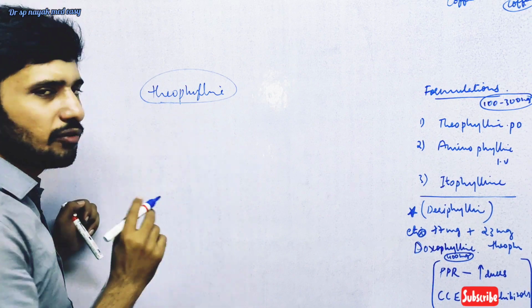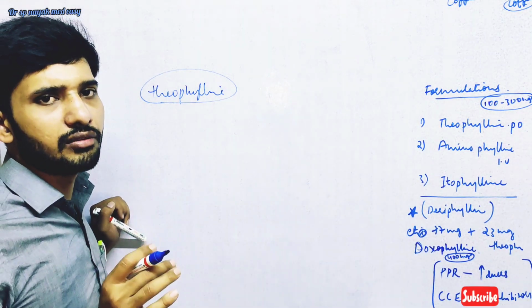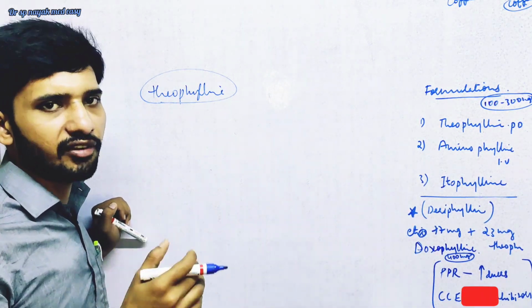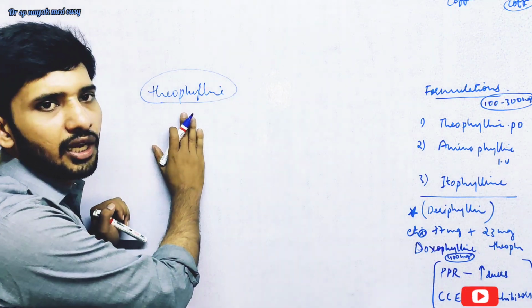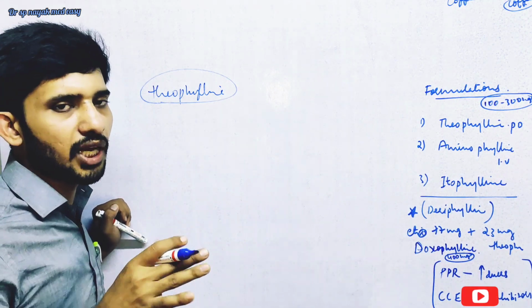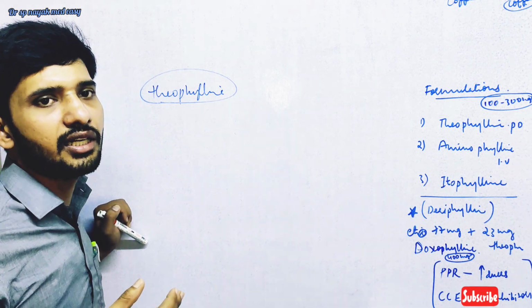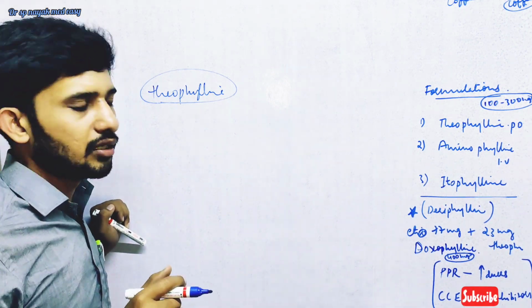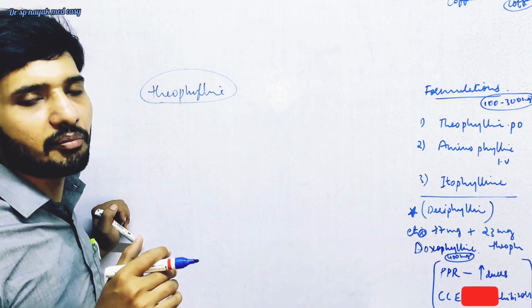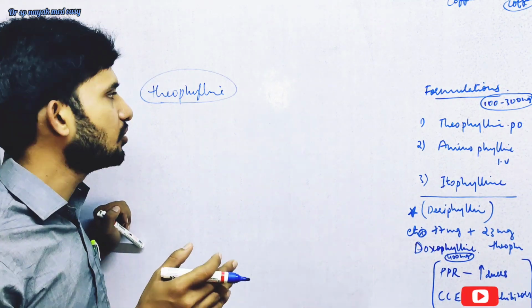Usually theophylline is the most commonly used drug. Other than theobromine and caffeine, we use theophylline most commonly in the hospital, because it has good efficacy and also fewer side effects when compared with caffeine and theobromine.